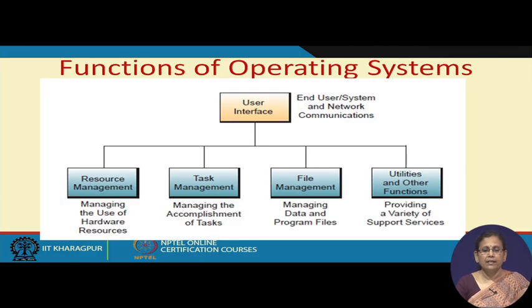These are the typical functions of an operating system. It has a user interface through which people can communicate. This can be a very good user interface like that of Windows, or in the case of Unix systems, it may not be a very user friendly interface, but there has to be some interface.